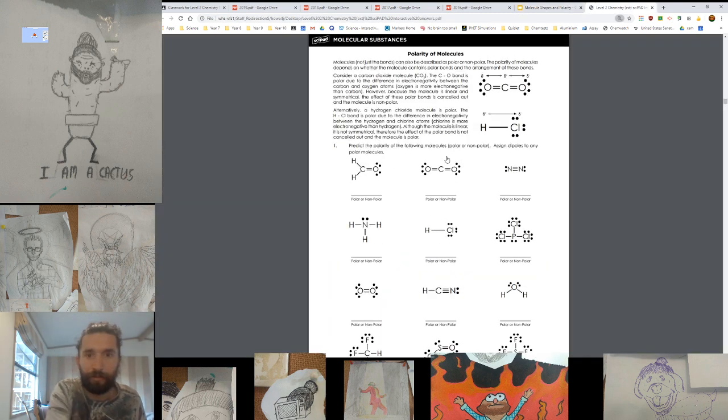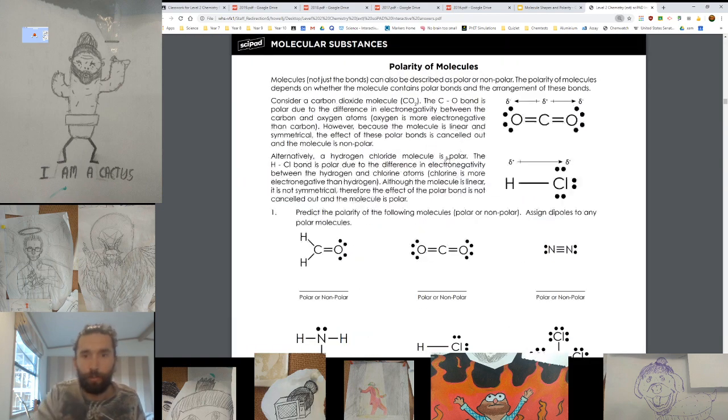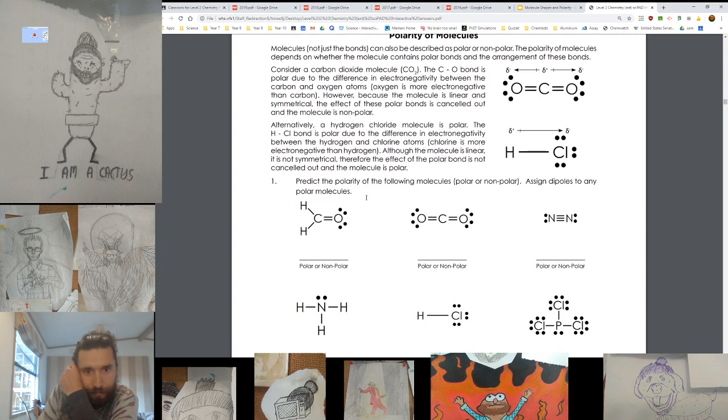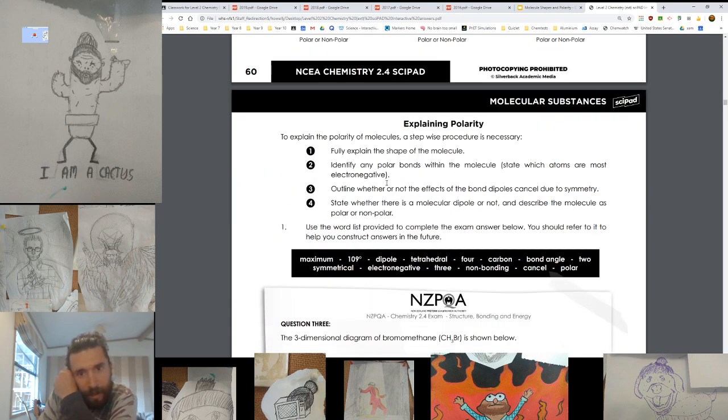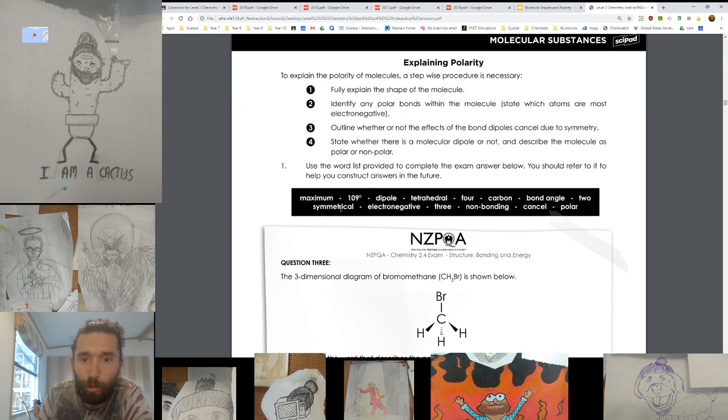You had to work out the polarity of these molecules. And here are some instructions. Hope you've done that. And today we're going to be looking at explaining polarity. This is very, very similar to explaining shape. Basically it is explaining shape, but then you just add a little bit more down the bottom.